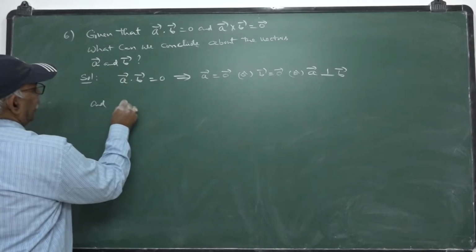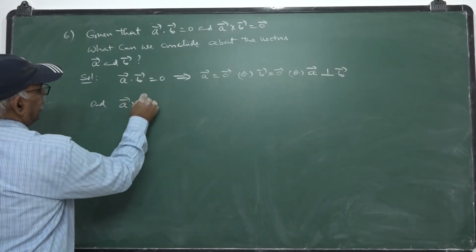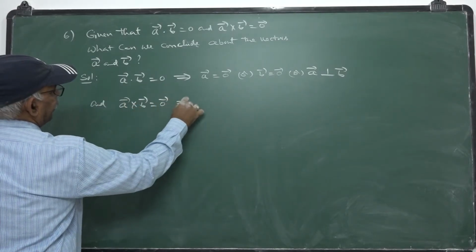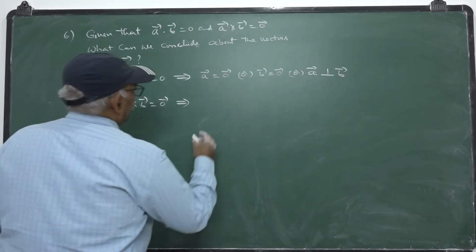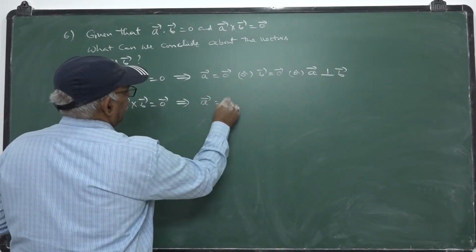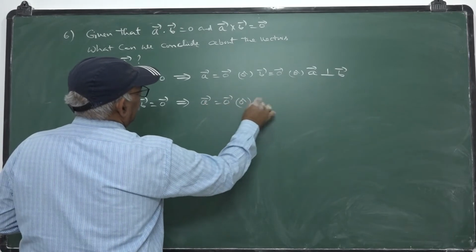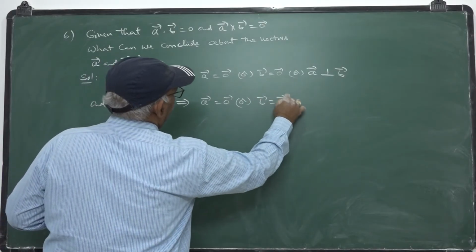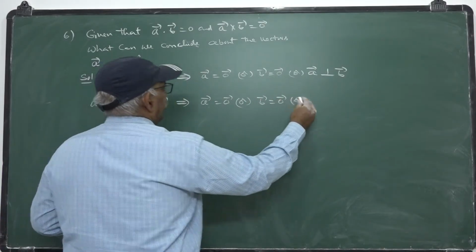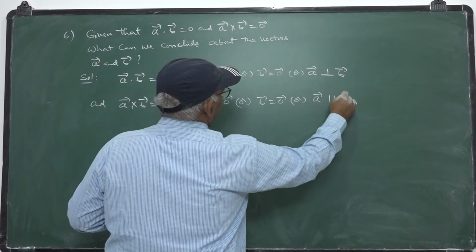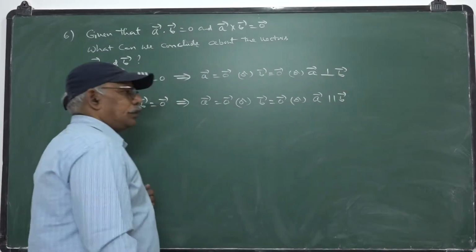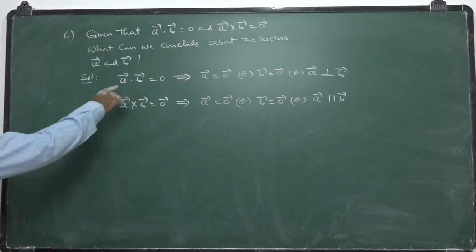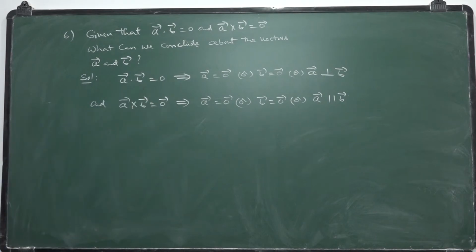Similarly, A bar cross B bar equal to 0 bar implies any one of the vectors is 0, or A bar may be parallel to B bar. Both the relations follow, that means A bar dot B bar is 0 and A bar cross B bar is 0 bar.